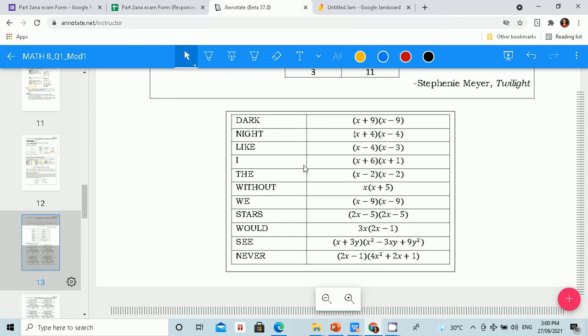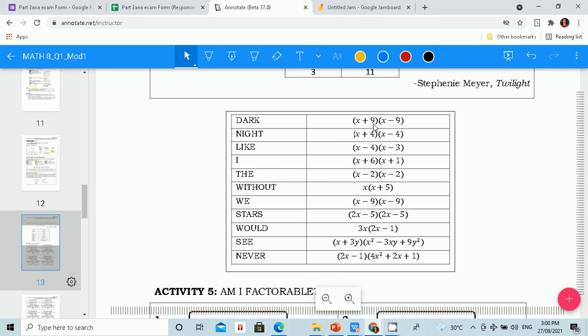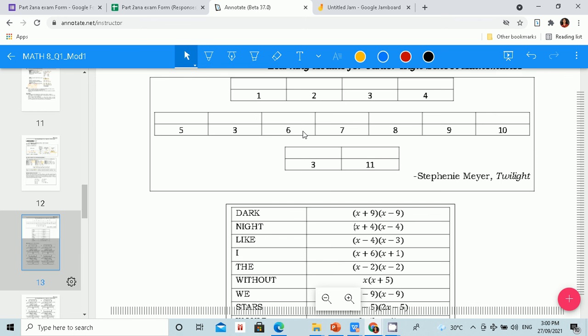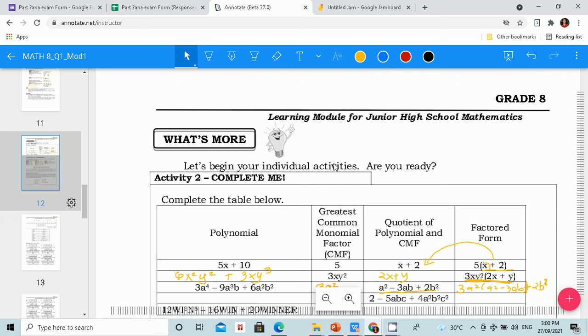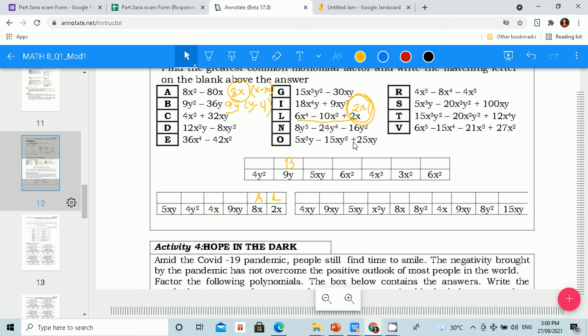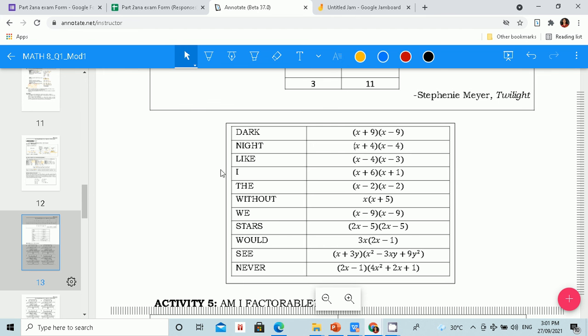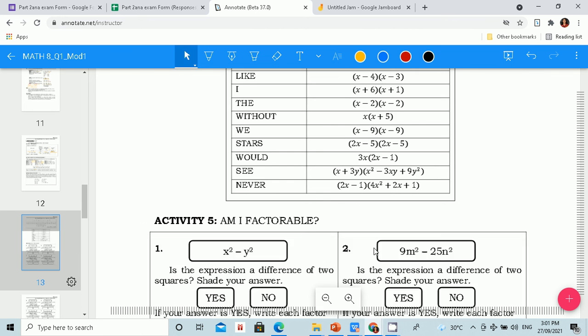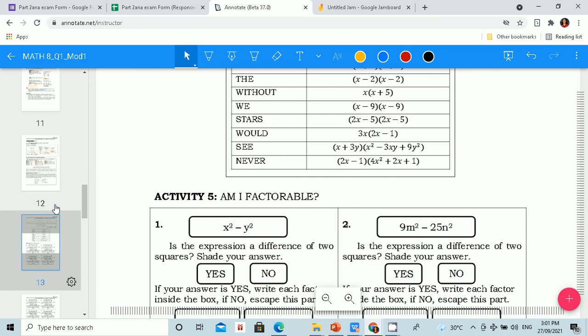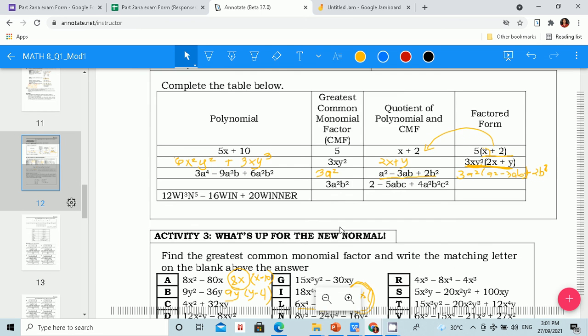So if we factored correctly the 11 equations here, then we can arrange the words here according to the answer, and it has a message. So that's it.